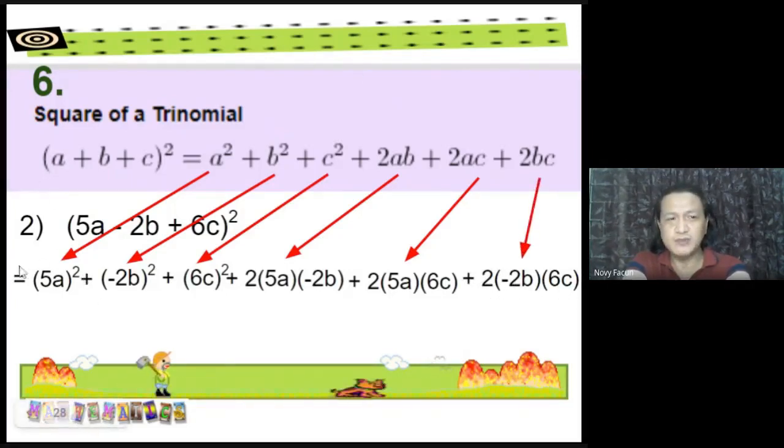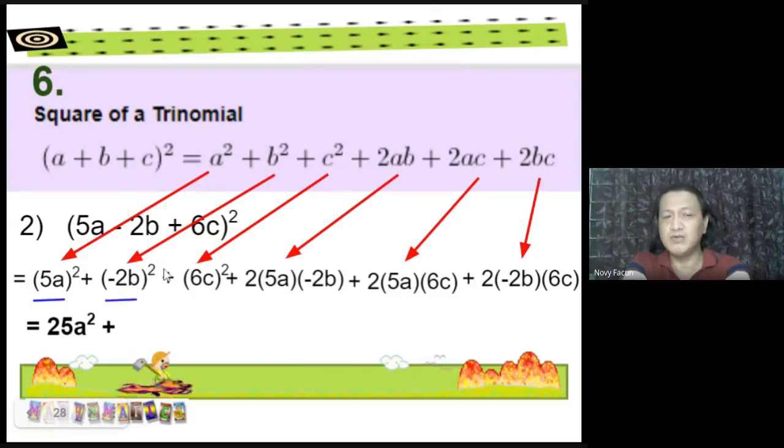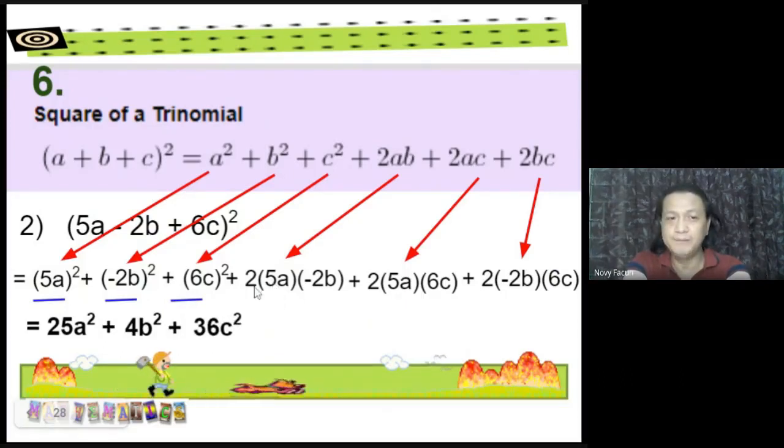And then, if you're going to simplify the first term, we have 5 raised to 2 muna, that is 25. Then, A squared, magiging 25a squared. Dito naman, negative 2b squared, that will become negative 2 times negative 2. If you multiply, that is positive 4. So we have 4b squared. Dito naman, 6c squared, meaning that is 36c squared. Dito naman, multiply mo lang siya. 2 times 5a times negative 2b.